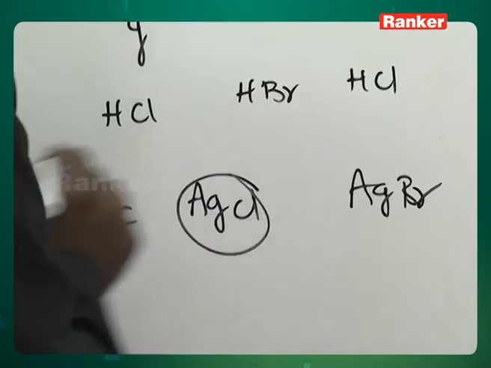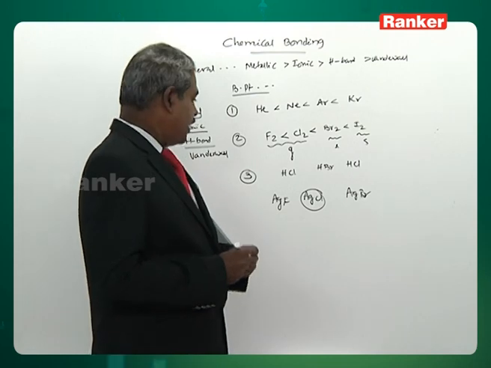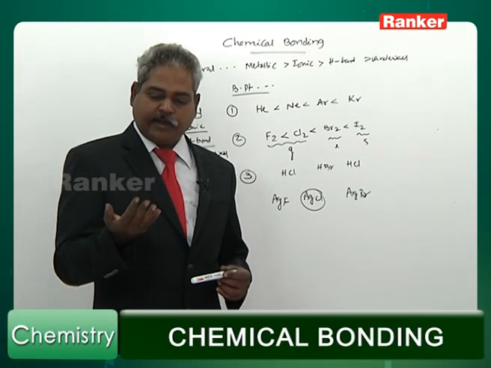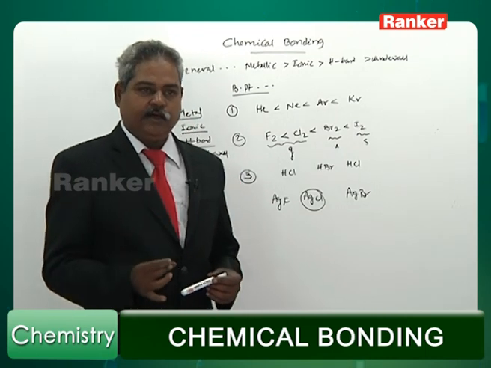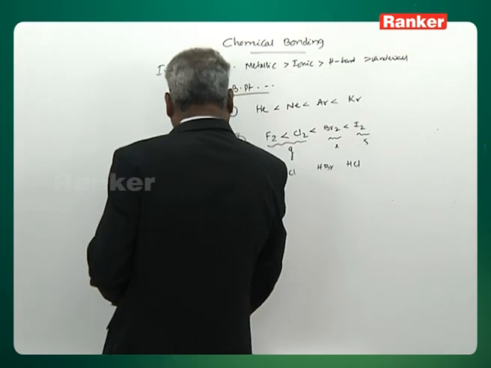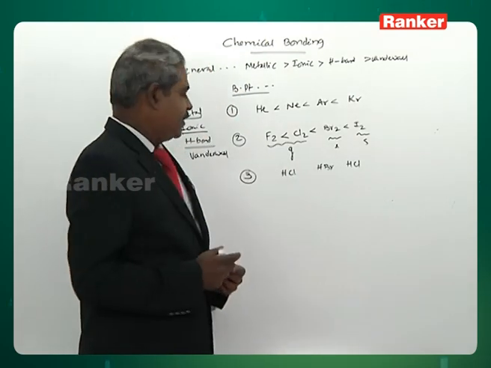But I strictly can't brand it as an ionic compound. You can call somebody more ionic, somebody less ionic, but no one can be branded like that. But covalent compounds, definitely they can be branded. No metal, no ionic, it's covalent.